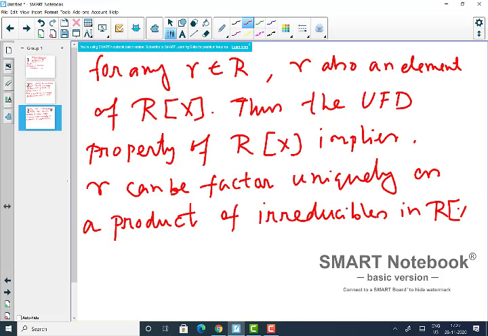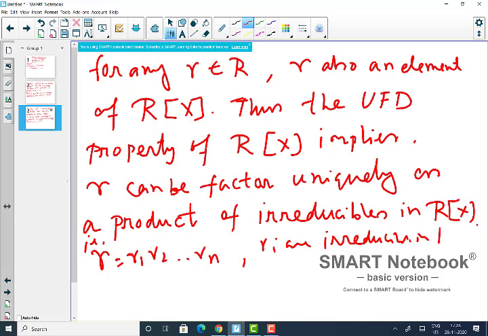Now note that r is an element of capital R. So if you factor this, you can write r equals r1, r2, up to rn, where these ri's are irreducible in R[x].